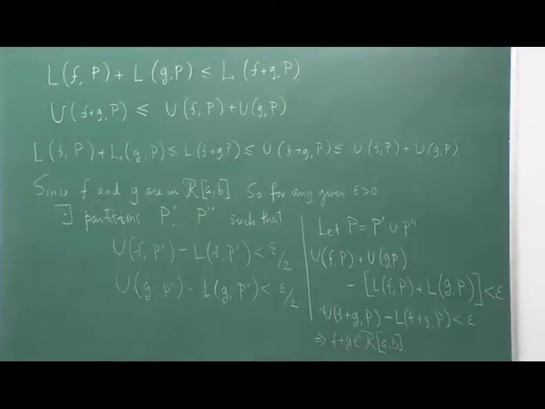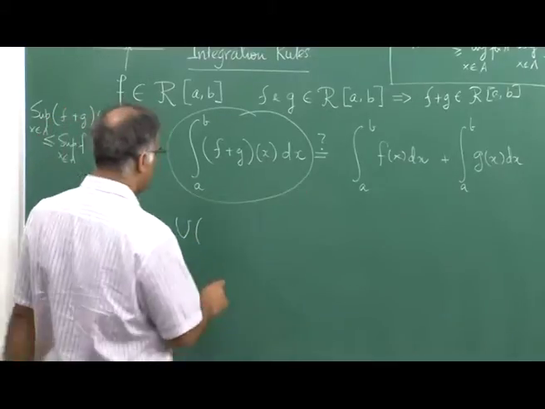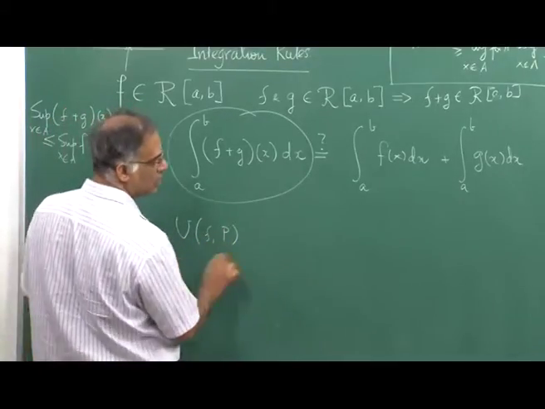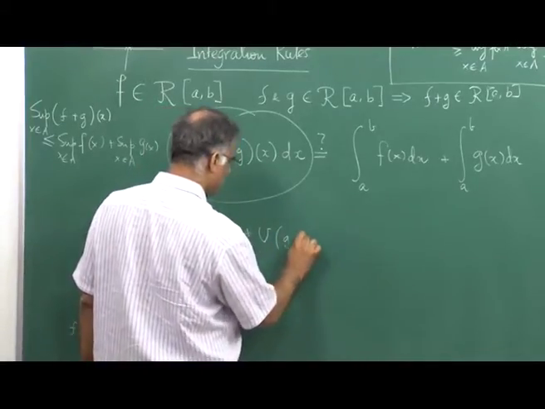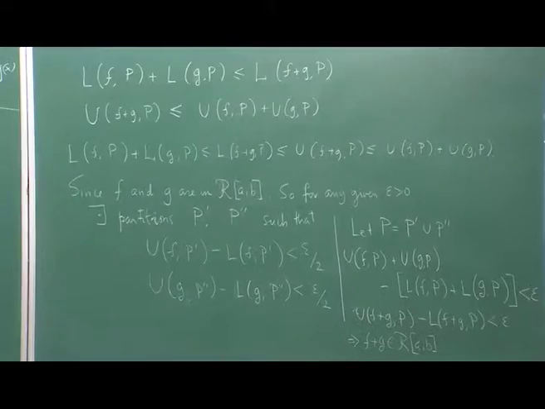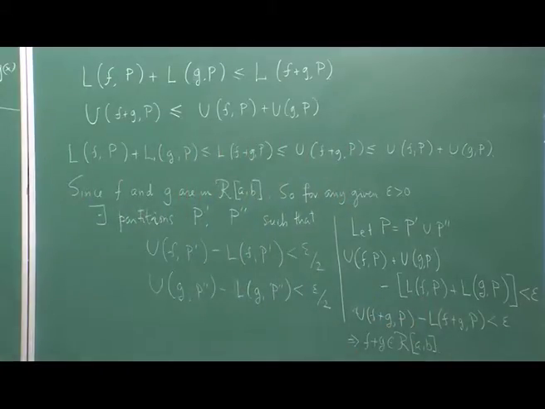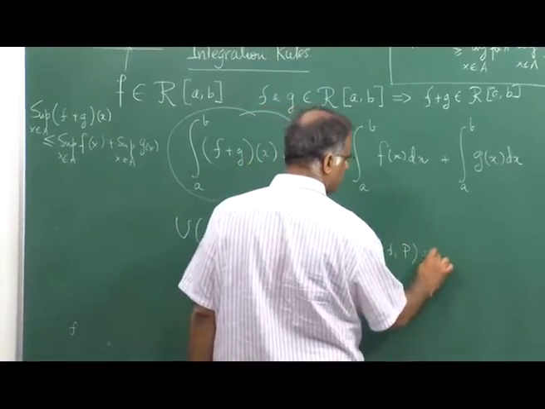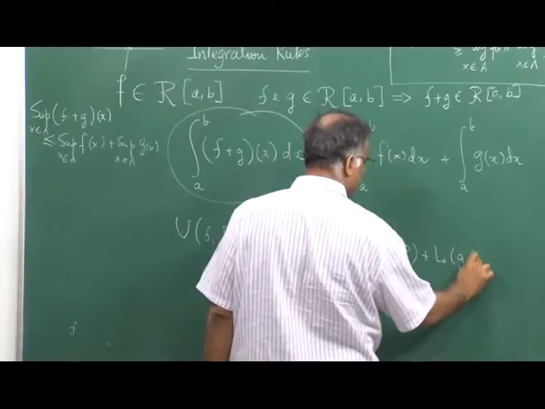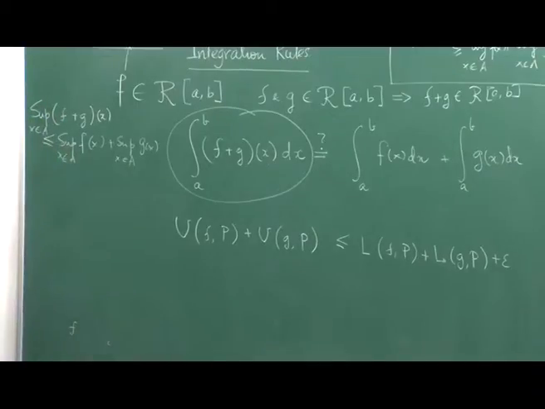What we have proved is U of f,P plus U of g,P is less than this, is less than L of f,P plus L of g,P plus an epsilon. That is what we have proved. So, this information is there.